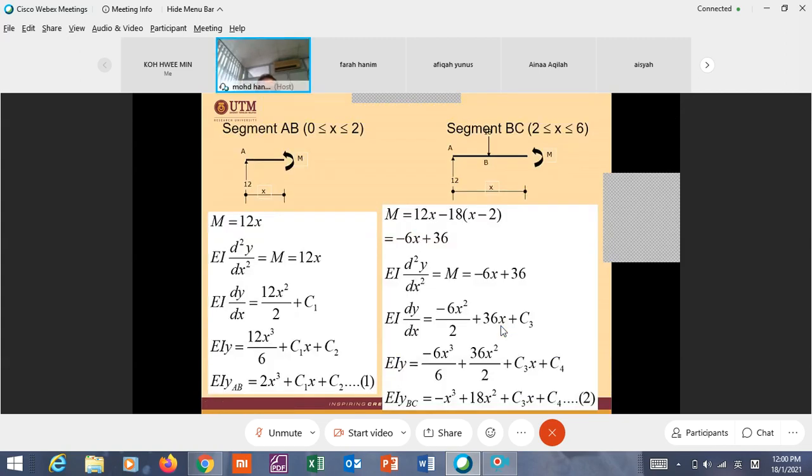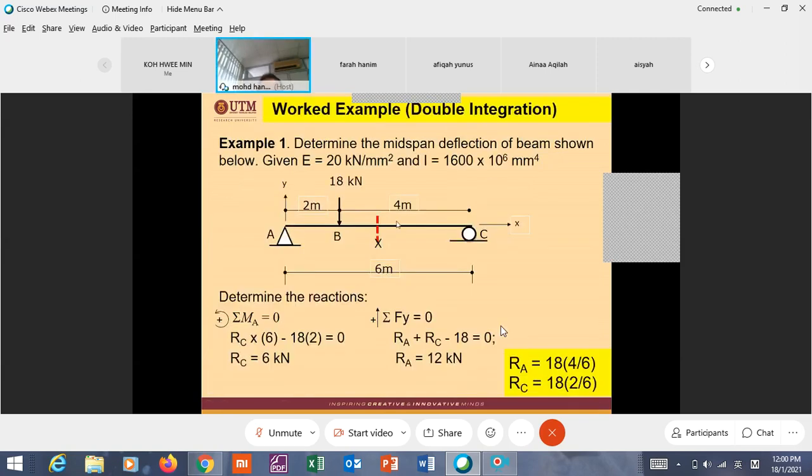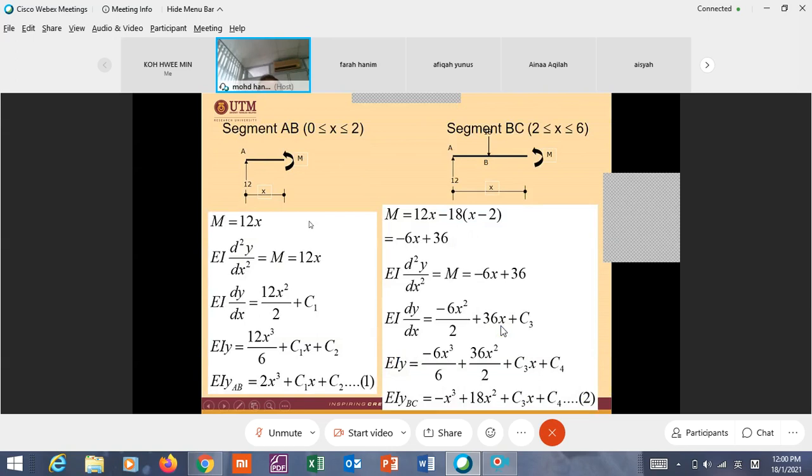So you have to split into two segments, segment AB and segment BC. Now you will have two equations.